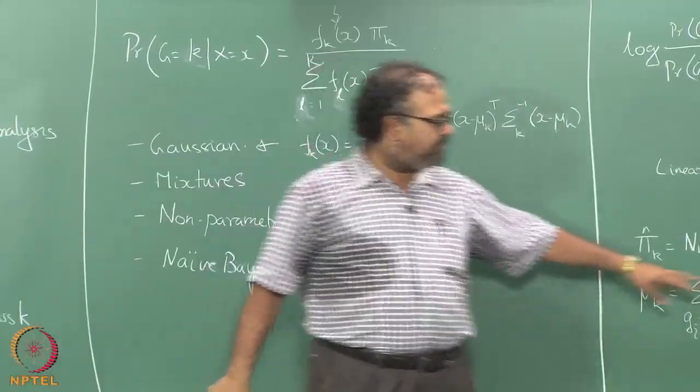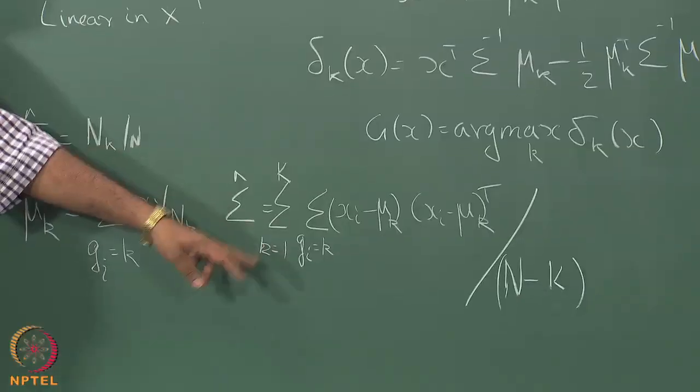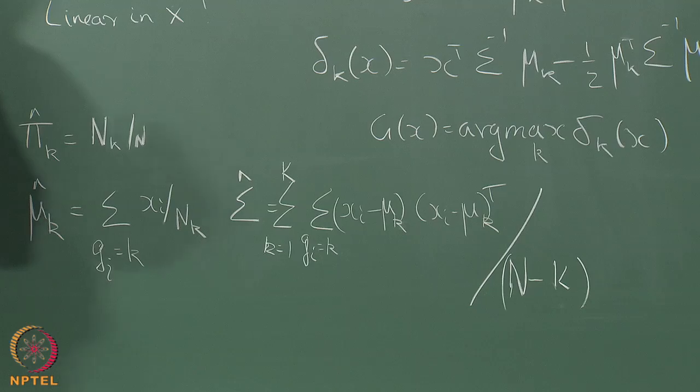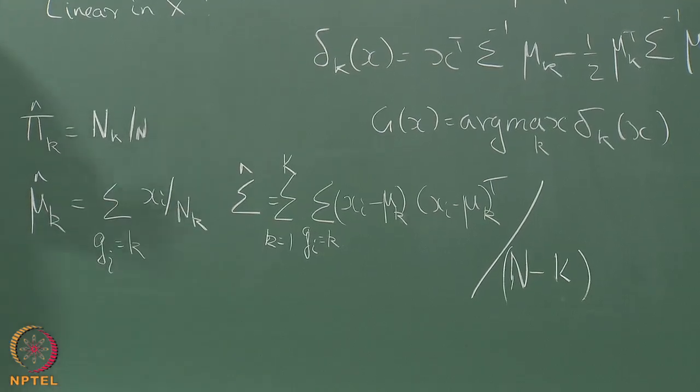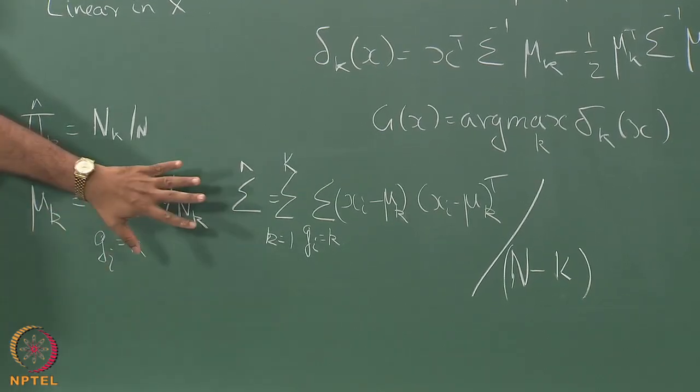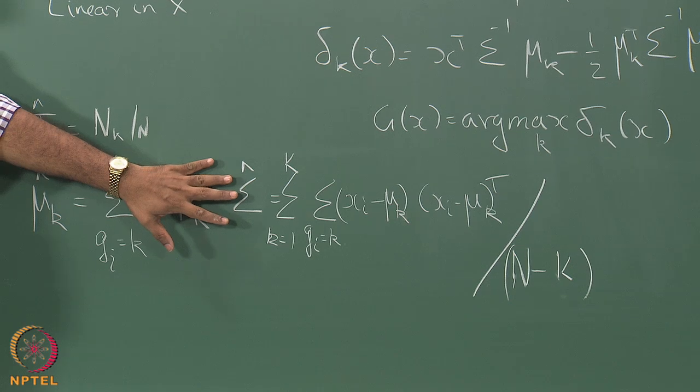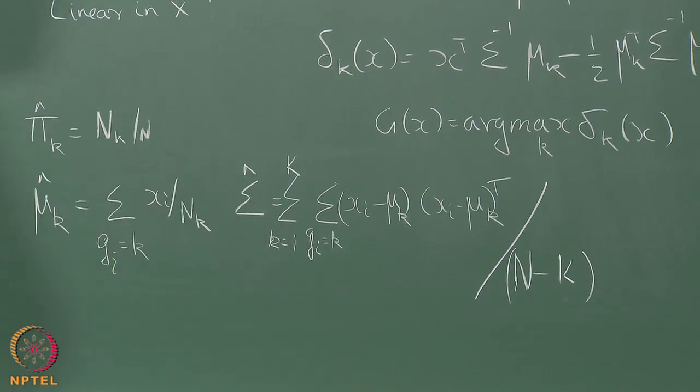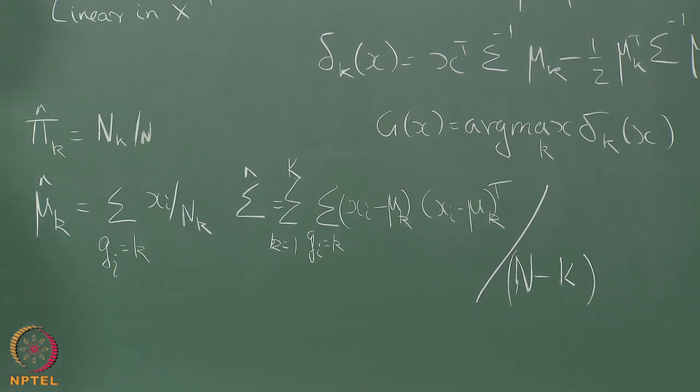So this is a slightly different way of doing the variance as opposed to computing the variance of each class and taking some kind of a mean. This gives you a slightly more robust estimate of the variance. This is called a pooled estimate.